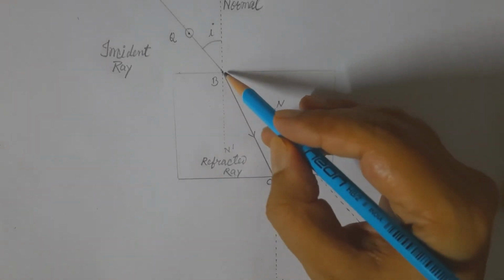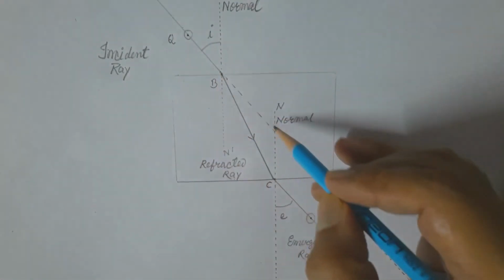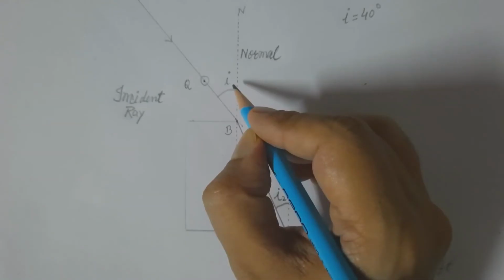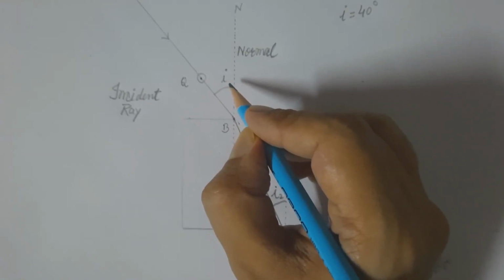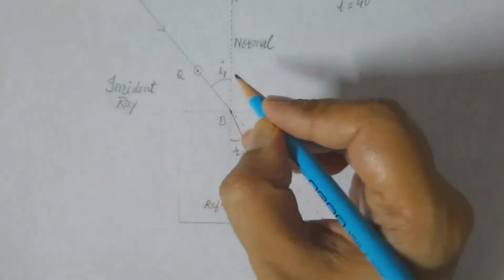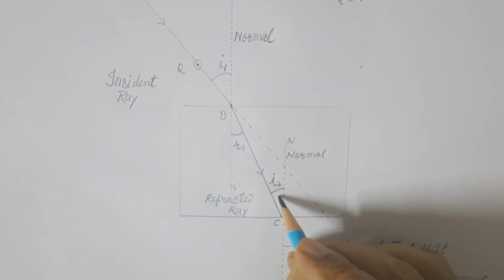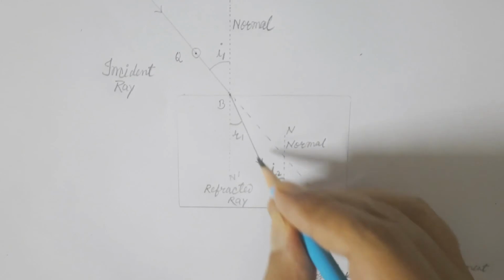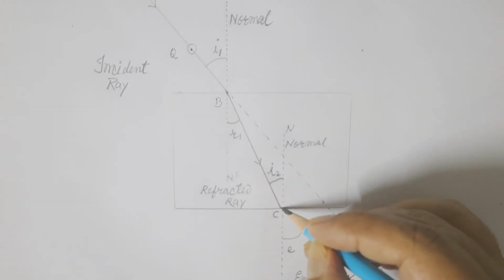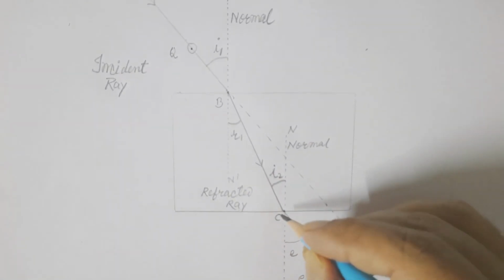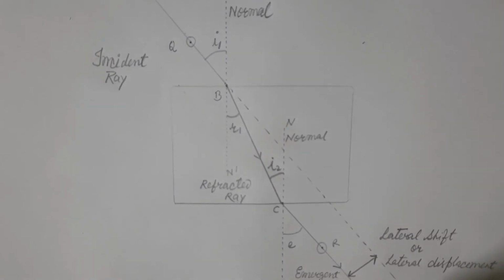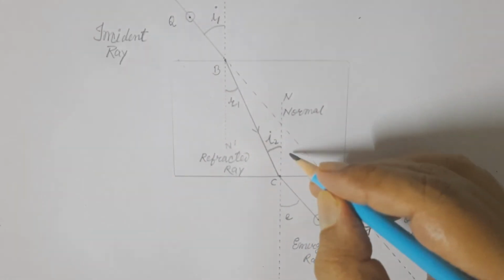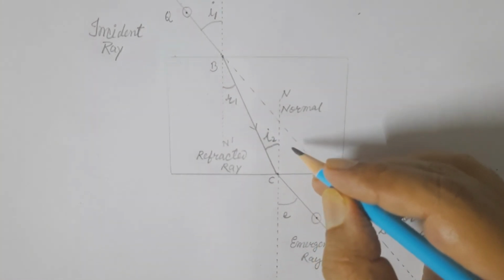I have extended this incident light ray. Likewise, I'll mark here angle of incidence I1, and this is angle I2, because this light ray acts as the incident light ray for this face, and it is the emergent ray which comes out of this denser medium, which is glass.